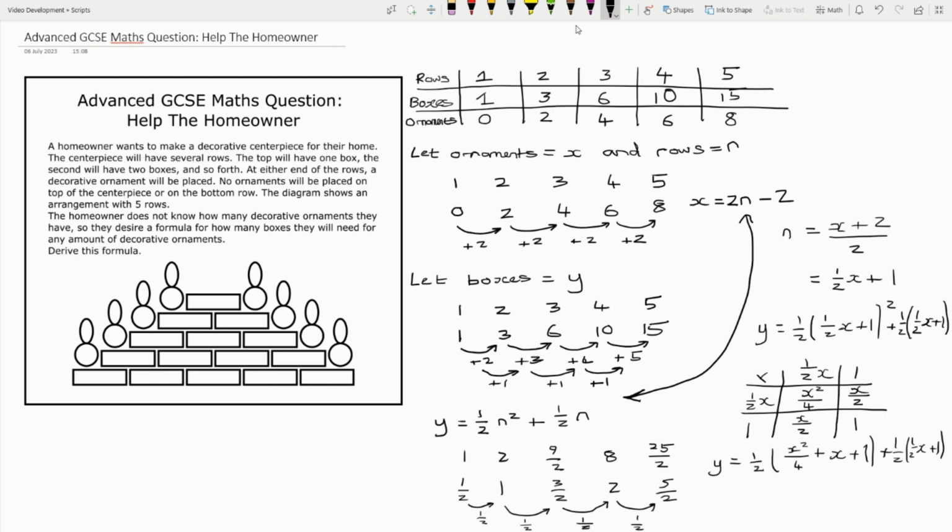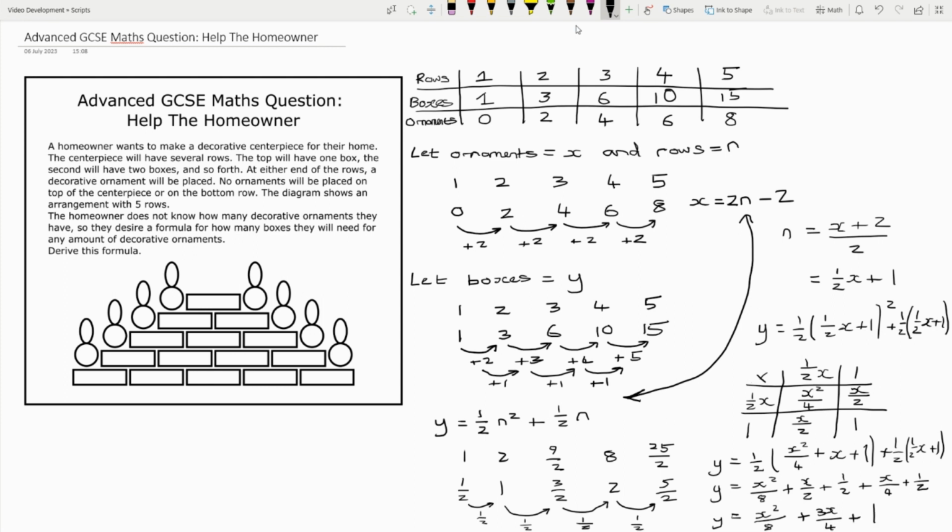Now if we expand the brackets again, we get y is equal to x squared over 8 plus x over 2 plus a half plus x over 4 plus a half. So y is then equal to x squared over 8 plus 3x over 4 plus 1. And this is our equation that we need.